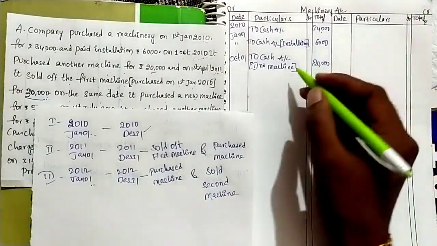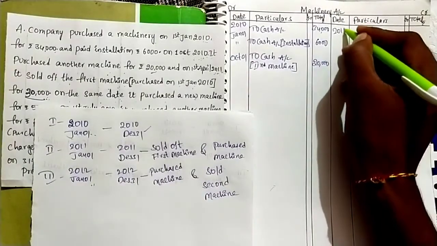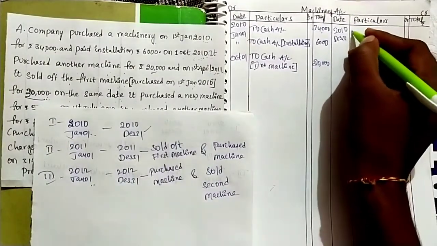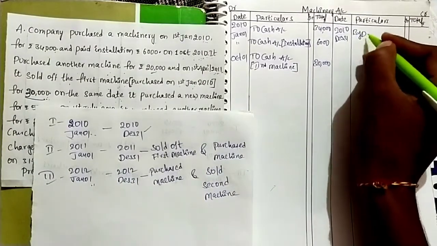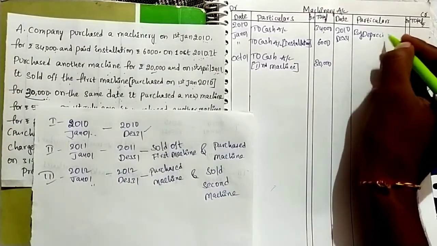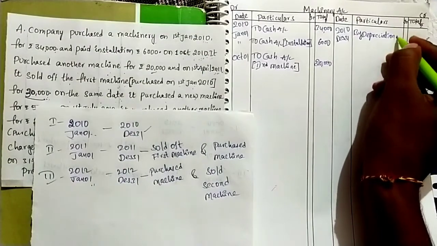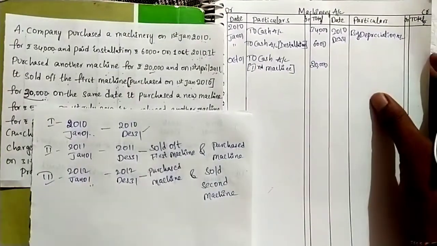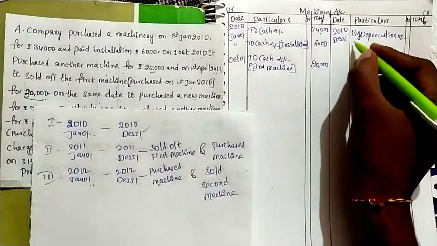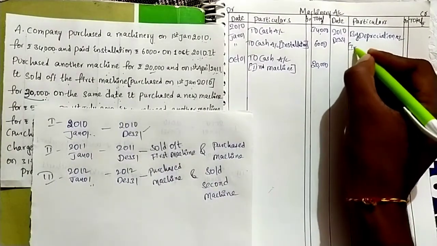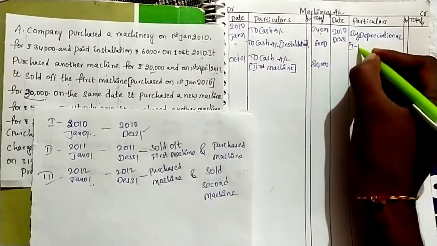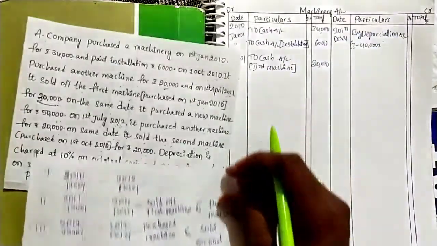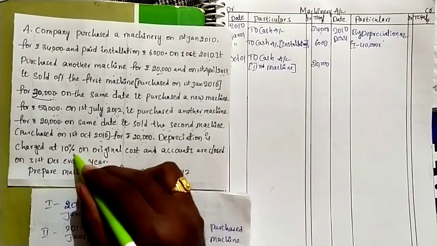So we have to write in the credit side, end of the year 2010 December 31st, by depreciation account. So in the first year we have two machines, so we have to provide depreciation for the two machines. See the first machine, 34 plus 6, 40,000 into, what is the rate given? See this, 10%.